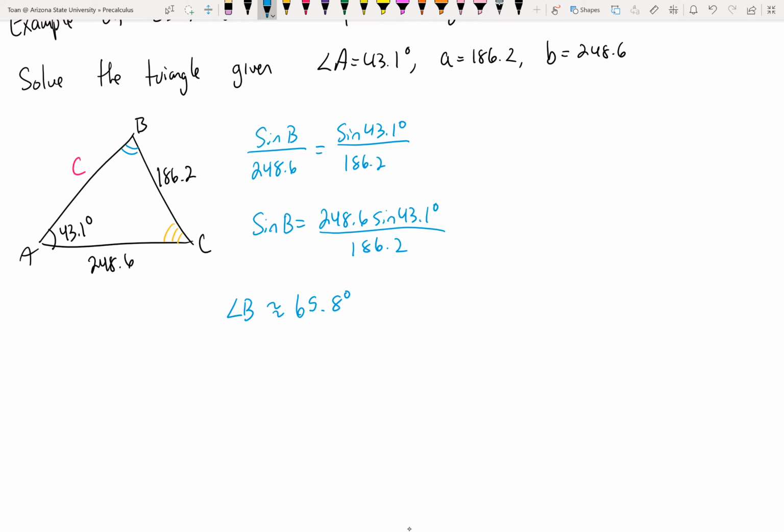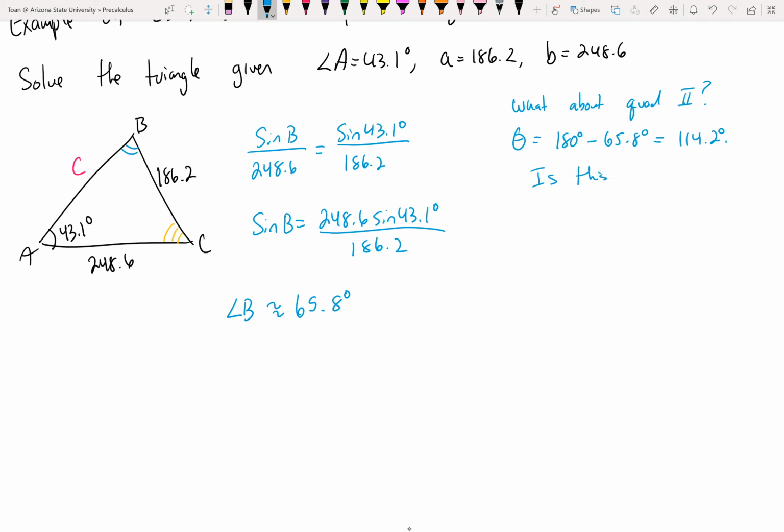But we took an inverse sine. Anytime you take an inverse sine to solve for an angle, you always have to ask yourself, what about quadrant 2? Is it possible? That means theta could be 180 degrees minus the 65.8 degrees, which is 114.2.